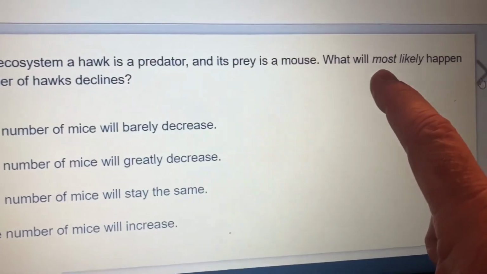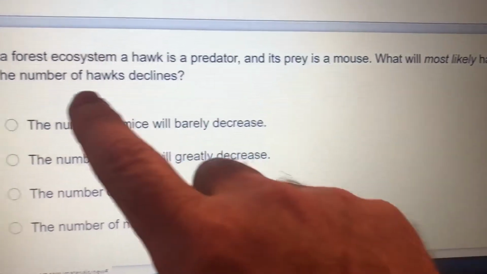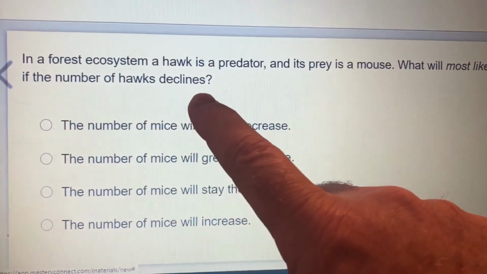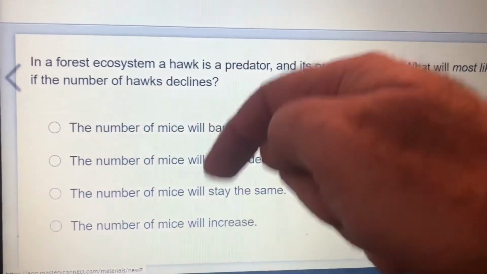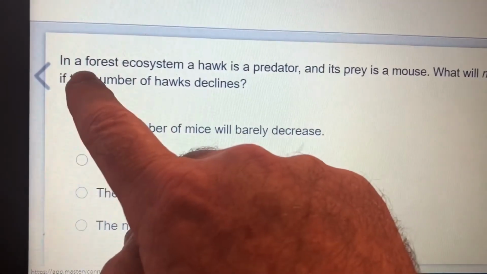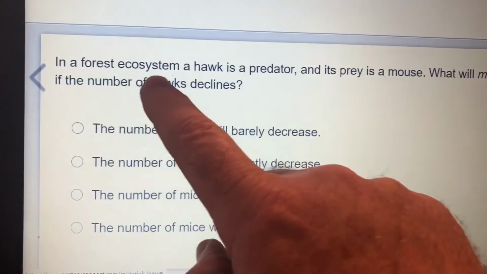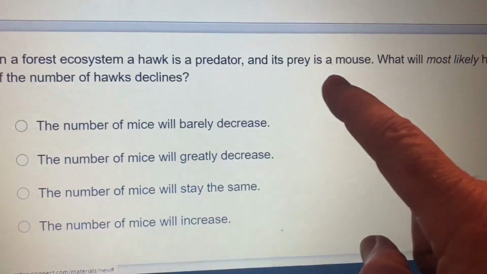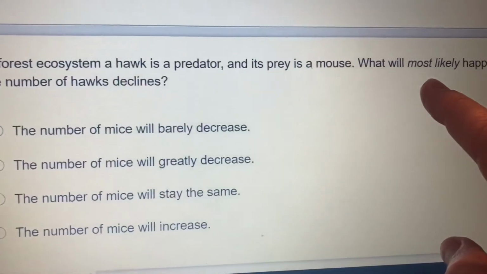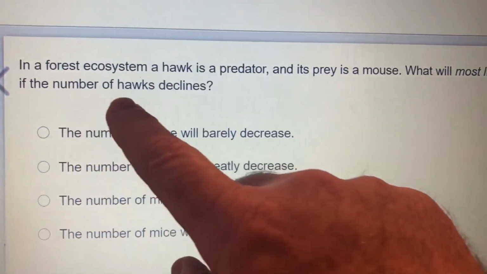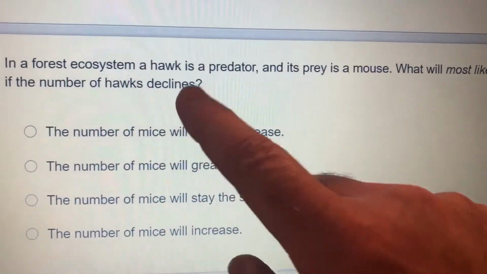What will most likely happen if the number of hawks declines, goes down, decreases, okay? So let's read it one more time. In a forest ecosystem, a hawk is a predator and its prey is a mouse. What will most likely happen if the number of hawks declines?